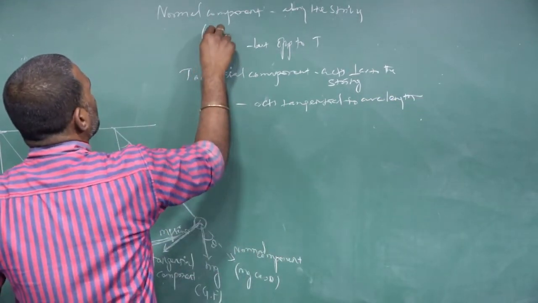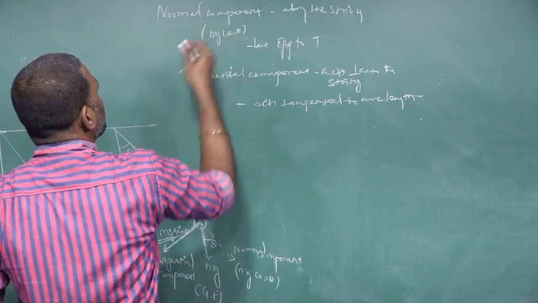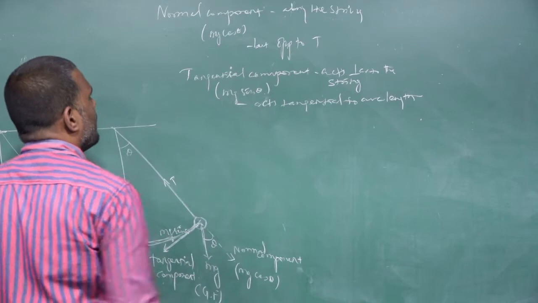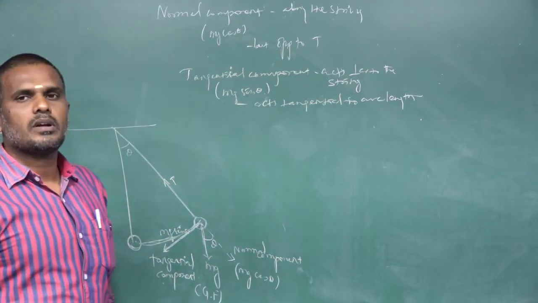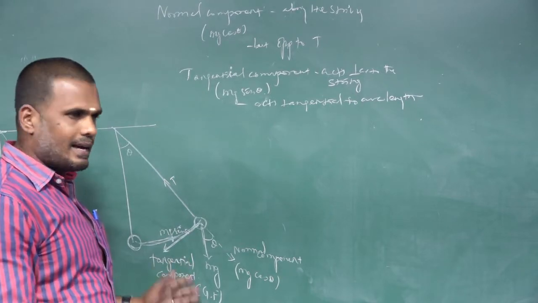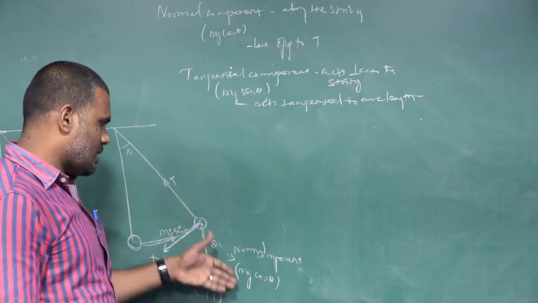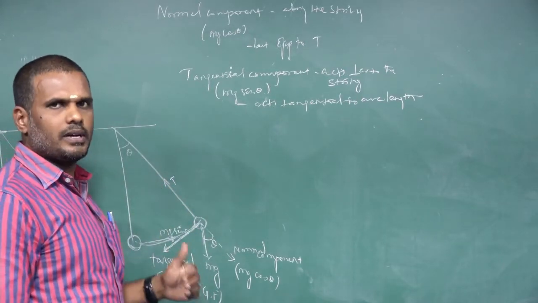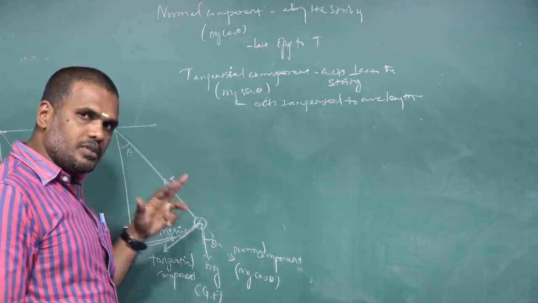What is the normal component? It is mg cos theta. What is the tangential component? This is mg sin theta. And we saw how they are acting. mg cos theta acts along the string but in a direction opposite to tension.